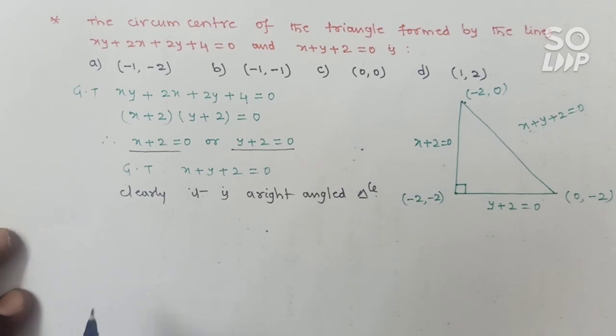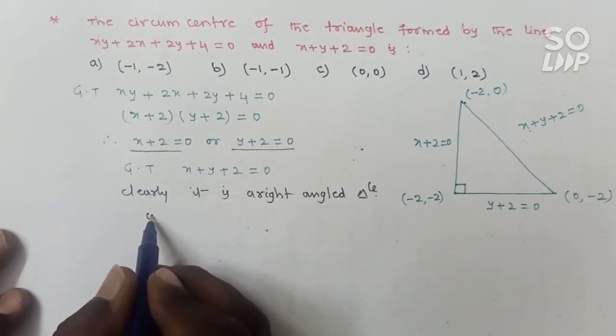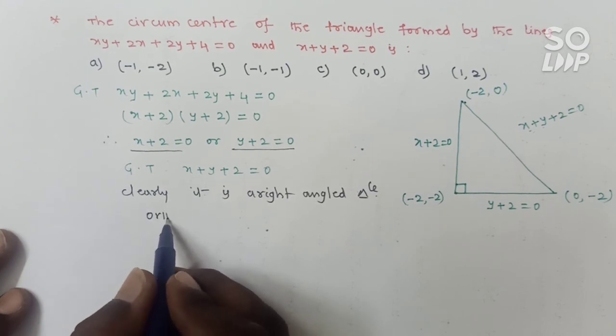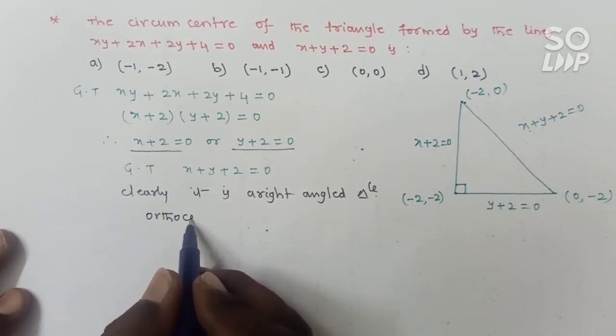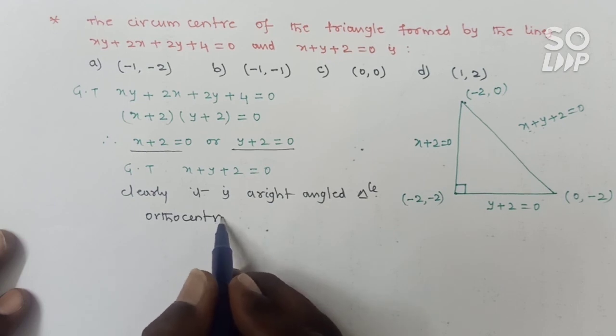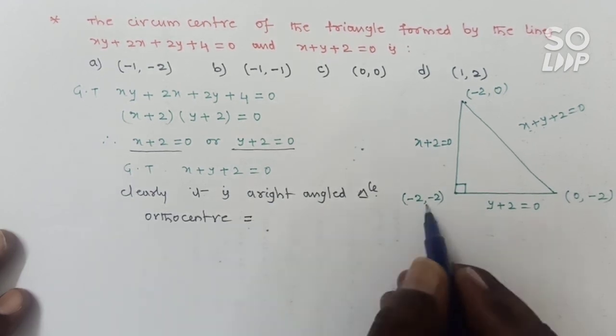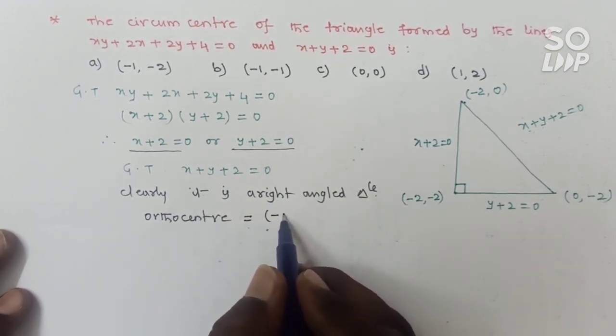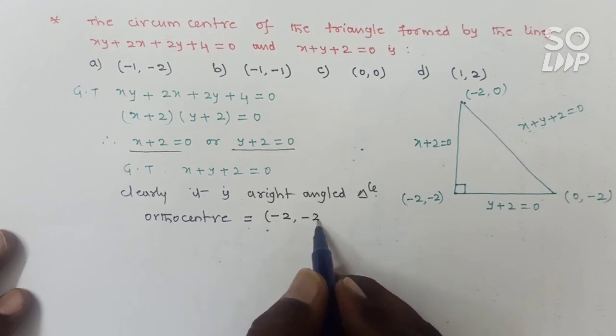Now in a right angled triangle, first the orthocenter is the right angled vertex. What is the right angled vertex? Minus 2 comma minus 2.